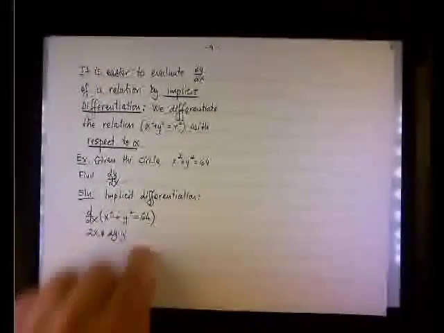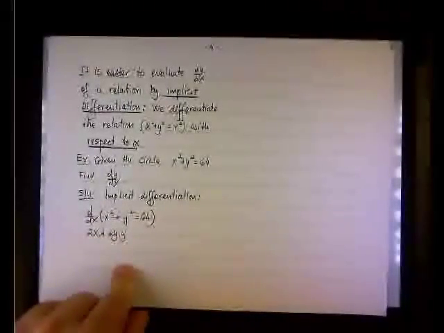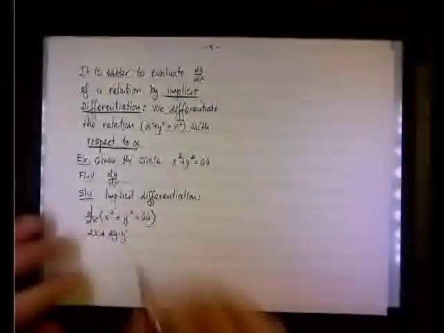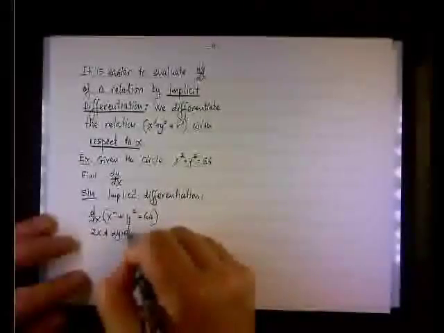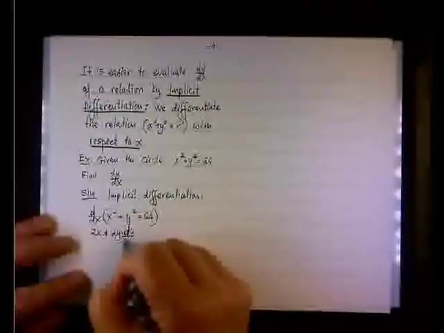You can take the derivative of y squared with respect to x. You first differentiate it with respect to y. So it's 2y. And then you differentiate it with respect to x. Why? Because of the chain rule. So it's 2y times dy dx. Okay? Let me write it as dy dx for the first time.